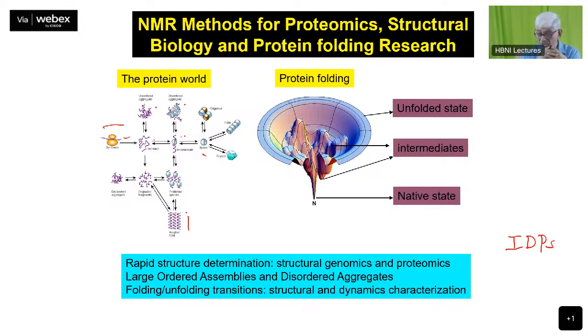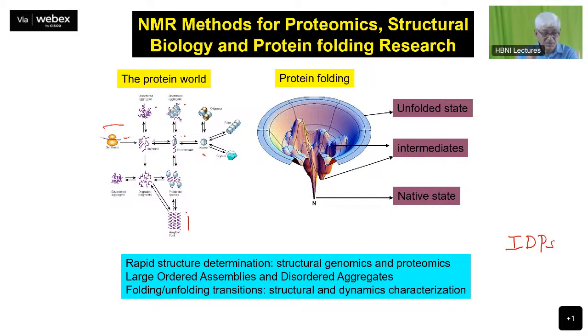But today we know that IDPs play a very important role in the function of proteins, because a particular IDP can adopt different kinds of structures when they interact with different sorts of binders. Small molecule binders, big molecule binders, RNA binders, or various kinds of drugs which are antibiotics. All of these things actually adopt different kinds of structures depending upon the binding partner. And that's why these have become very important.